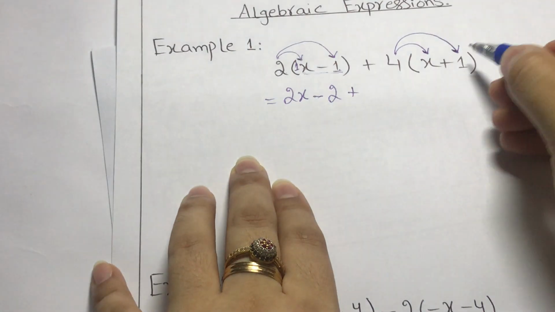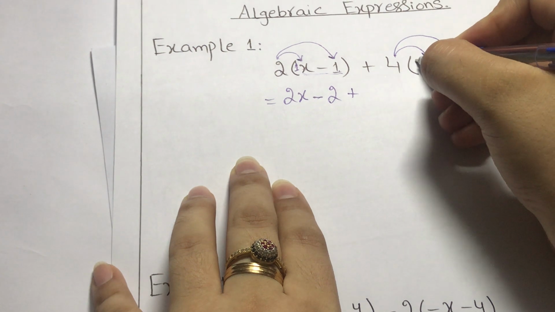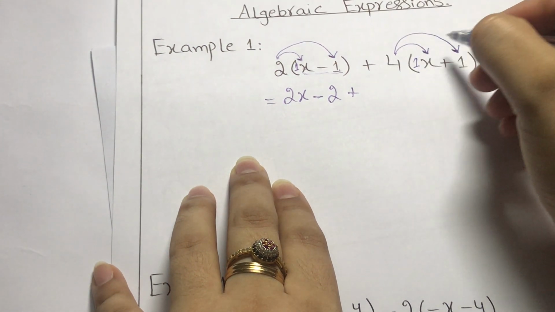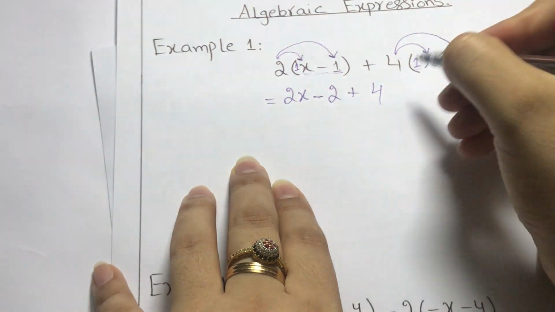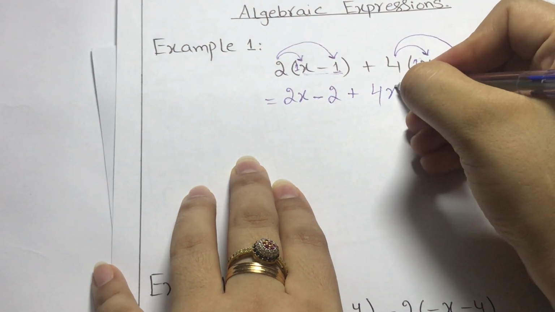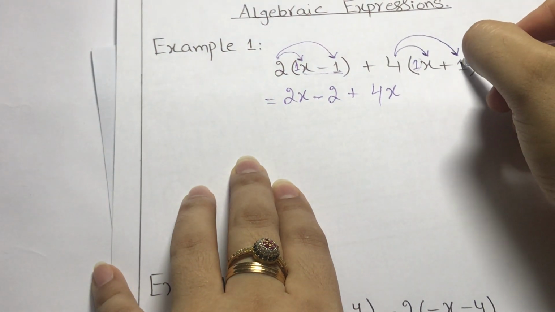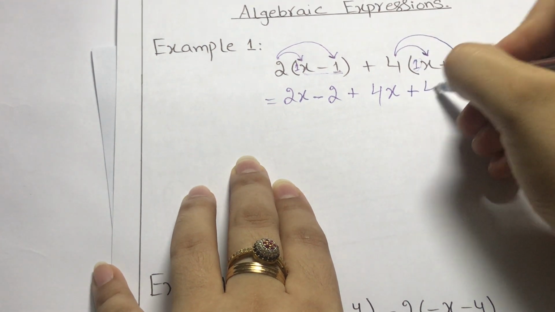Plus, again you can see here we have no coefficient with the variable x, that means it's 1. So you have to multiply this 4 with this coefficient. 4 1s are 4 and you will keep this variable x, and again you have to multiply this 4 with the constant number 1, plus 4 1s are 4.